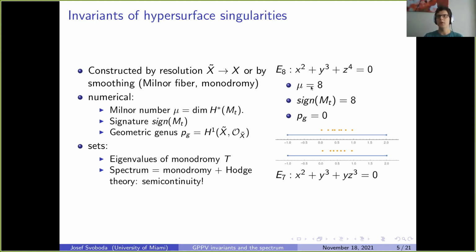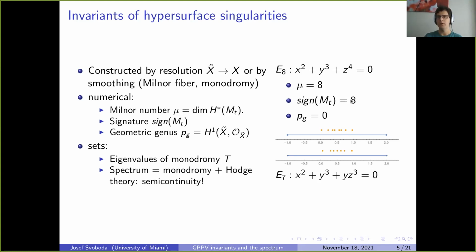So the Milnor number is 8. This means that if you deform your hypersurface to a smooth one, the cohomology has rank 8. And actually, this is this very famous E8 lattice. So the signature of this cohomology is 8.